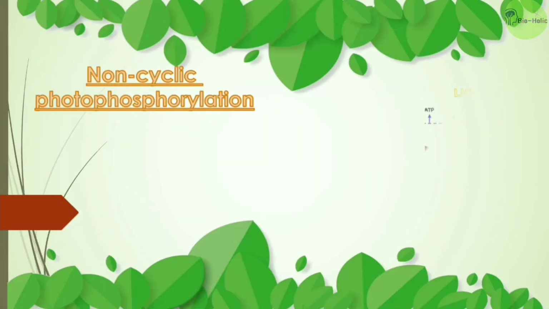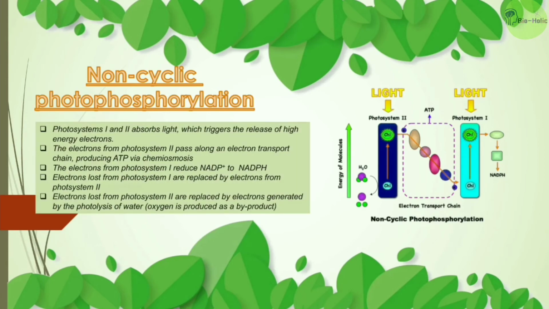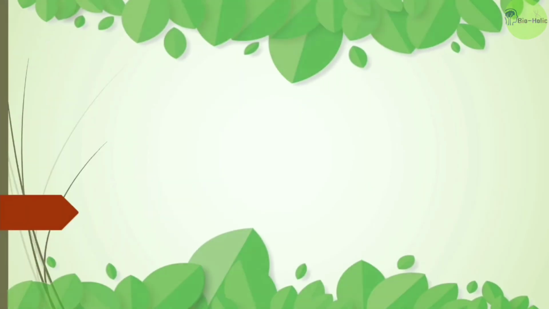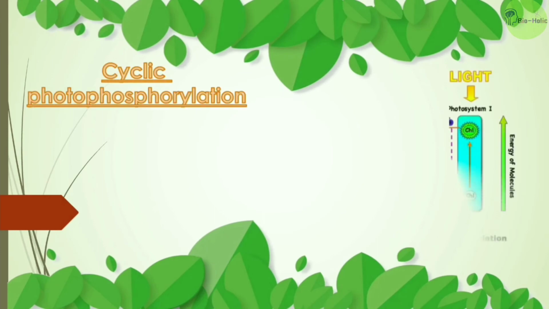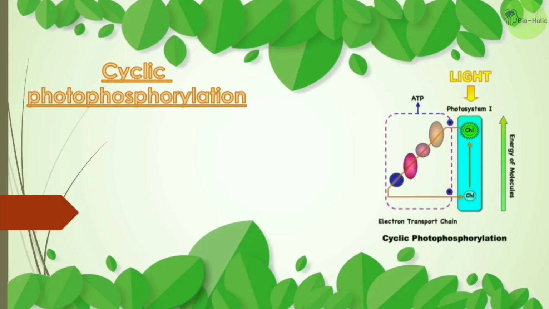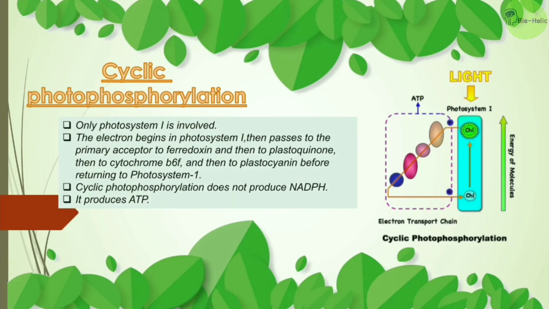We already learned about non-cyclic photophosphorylation, which includes the steps from the excitation phase of the PS2 reaction center to the NADPH formation. But in case of cyclic photophosphorylation, photosystem 2 is absent. When light is absorbed by photosystem 1 itself, the excited electron may enter an electron transport chain to produce ATP.